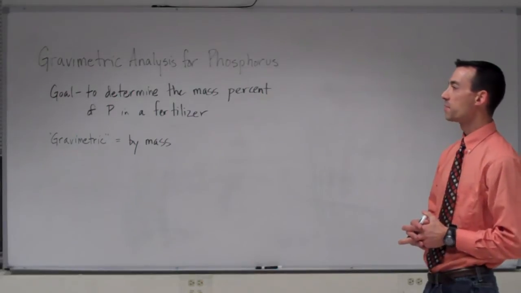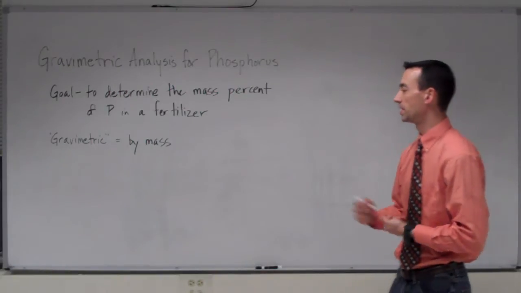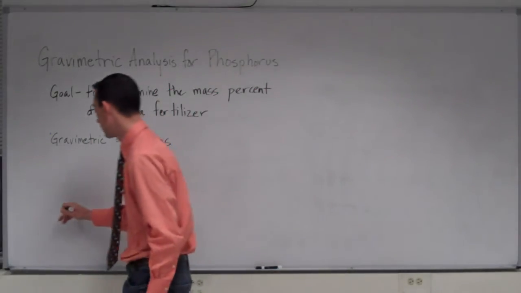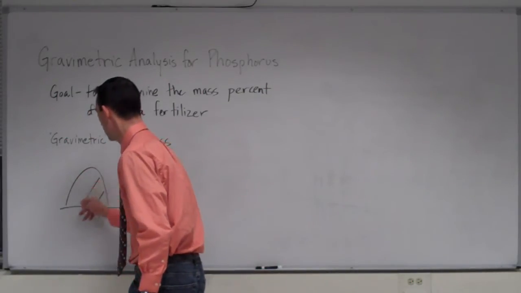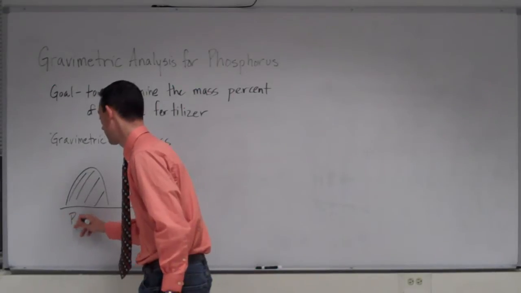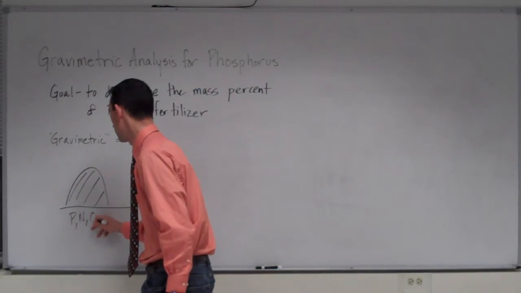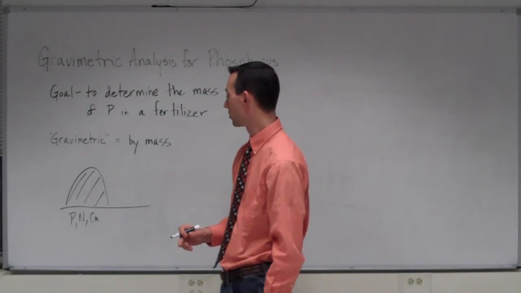The word gravimetric in the title Gravimetric Analysis means by mass. So what we're going to do in this exercise is essentially take a pile of fertilizer which contains a number of things, perhaps phosphorus, nitrogen, maybe some other nutrients like calcium that plants and the soil might need.